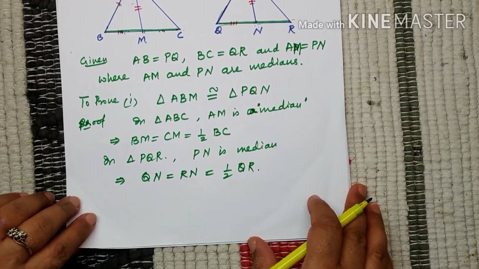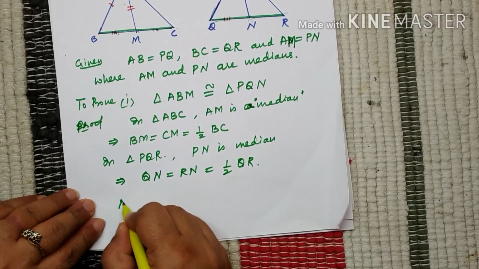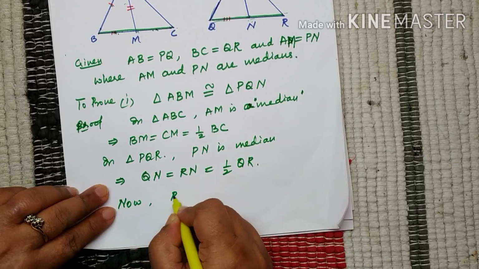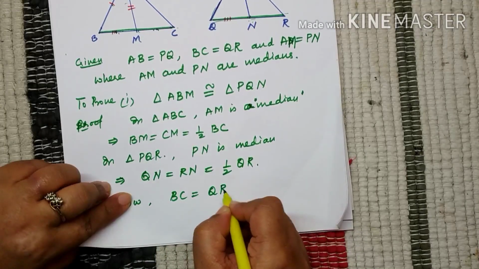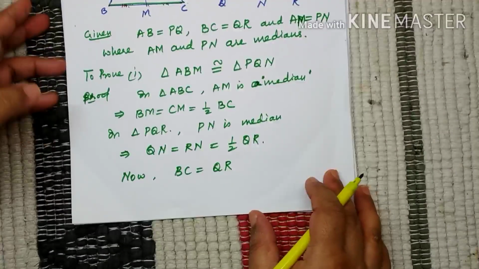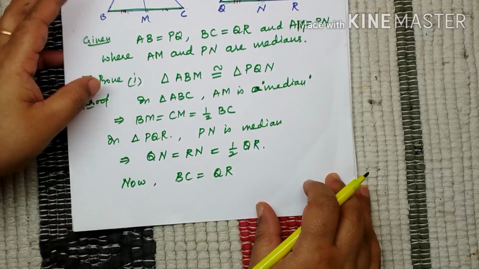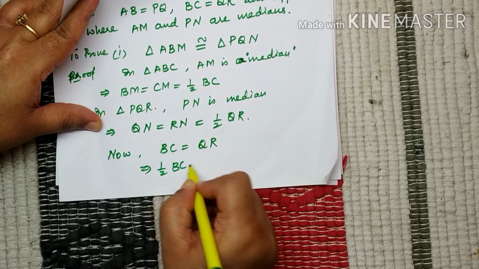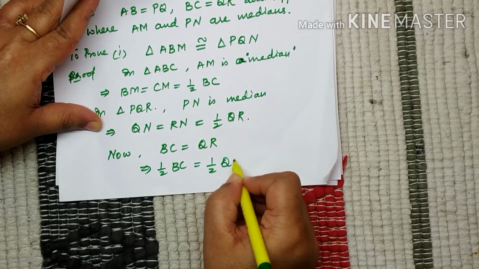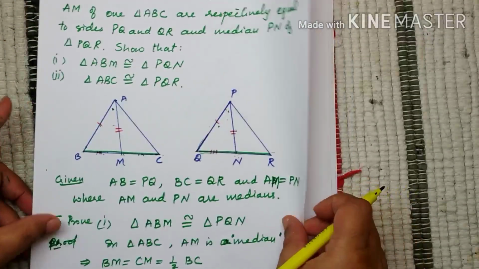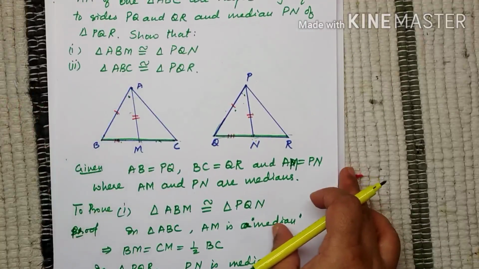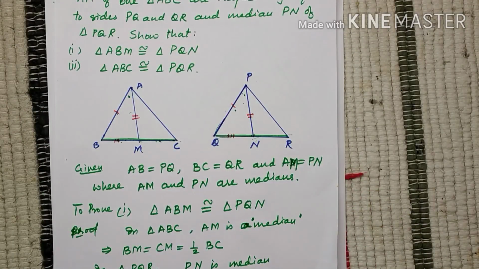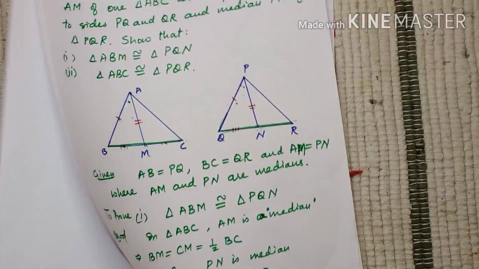Right, children? Now BC is equal to QR, given. So if the fulls are equal, can I say the halves will also be equal? This implies half of BC is equal to half of QR. Now children, which halves are we interested in? Halves are equal, but out of these, which halves are we interested in?